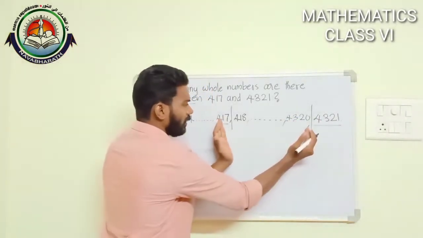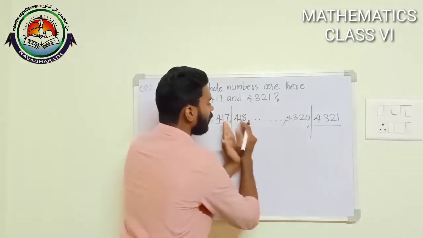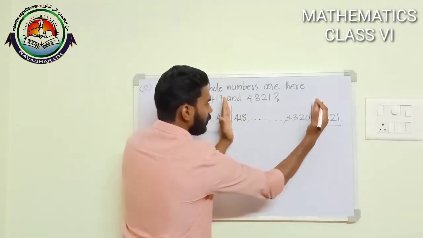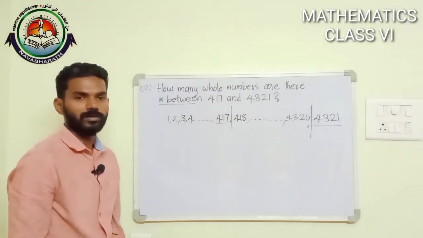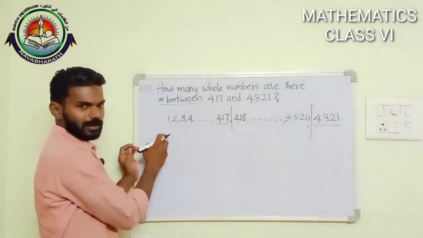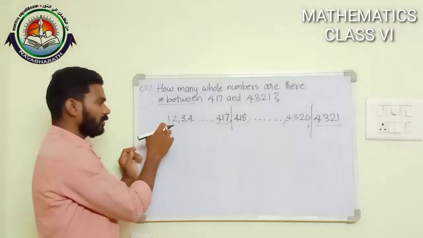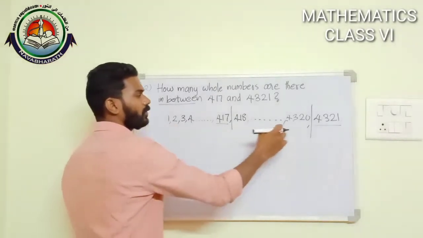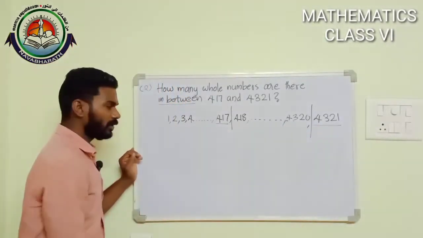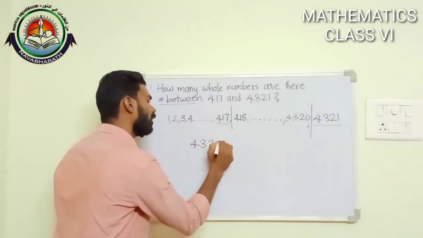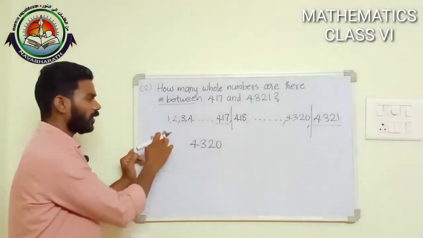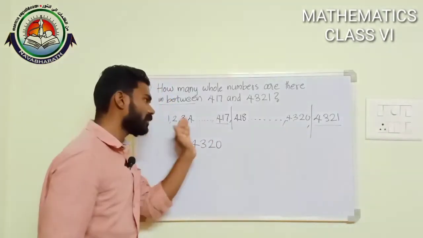So it would be like that, and we need a count of how many numbers are there in this part. How can you count? First of all, you can count from here, from 1 to 4320. There would be exactly 4320 numbers. 1 to 4320 means it is continuous.